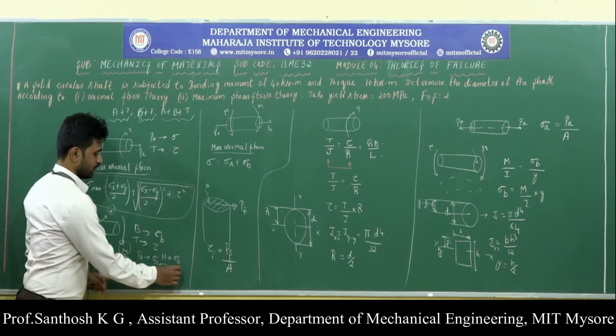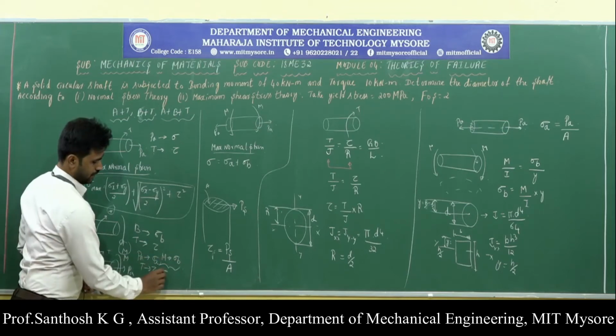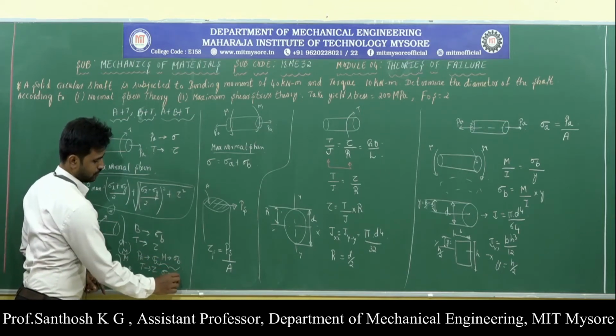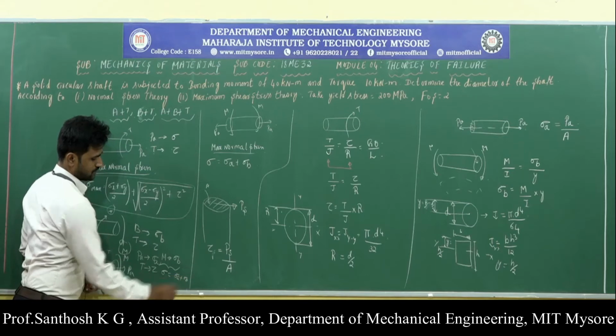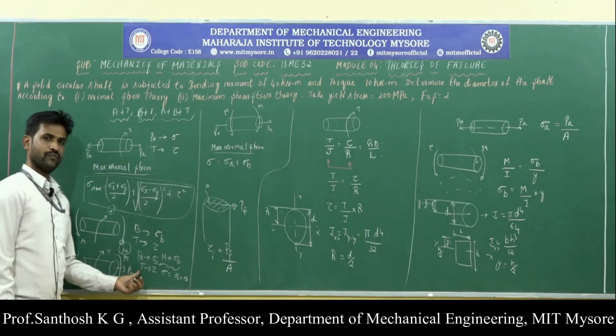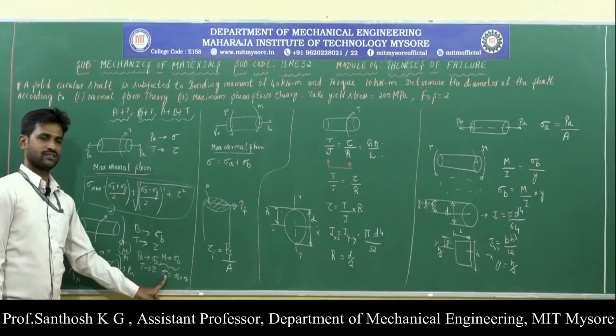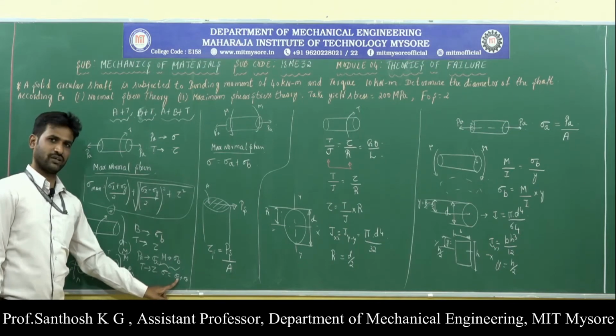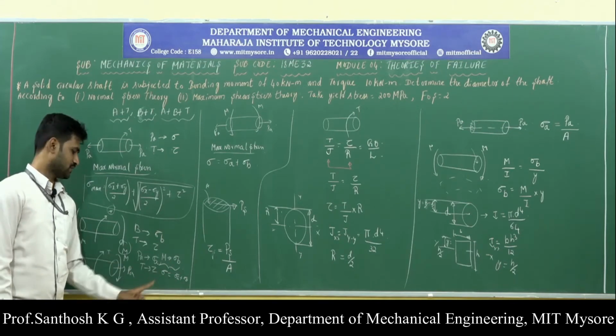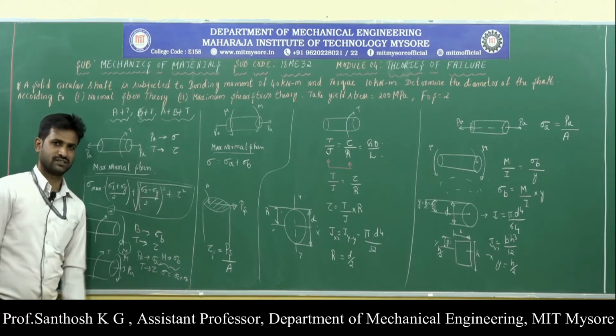Here we can add sigma A and sigma B to get one normal stress, so the member will be subjected to a normal stress sigma, which is the summation of sigma A plus sigma B, and a shear stress tau.